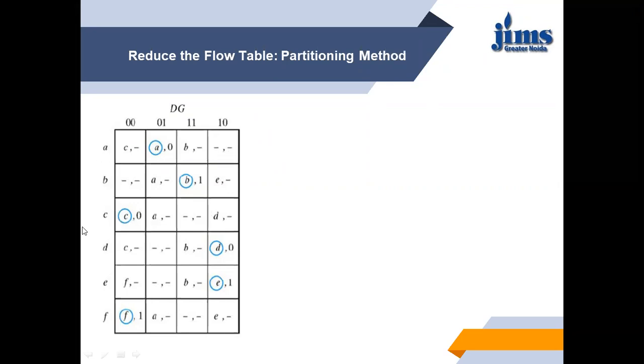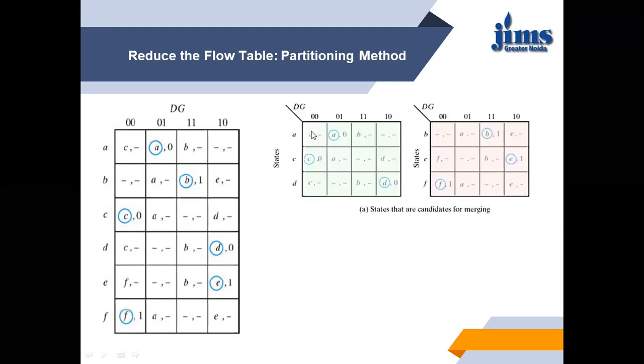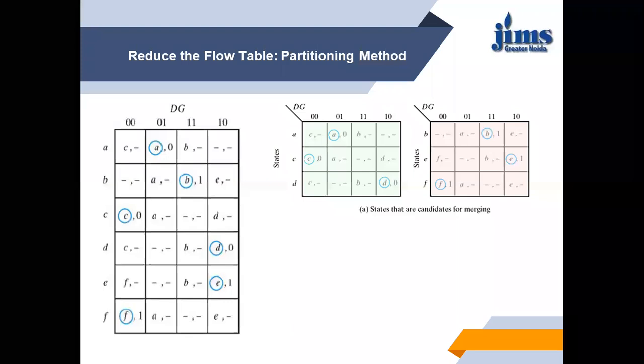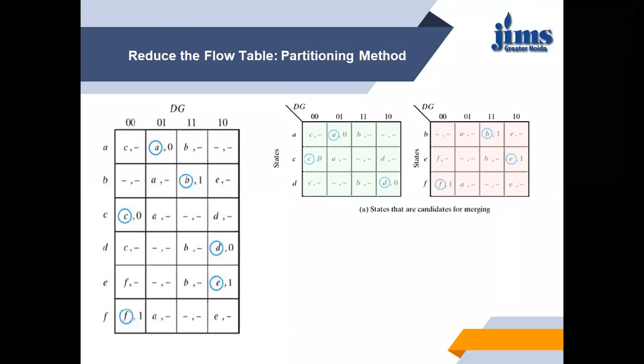When we look at A and D, we see C comma 0 in the first column, fine, A comma 0 in the second column, B comma dash, and D comma 0, because for the stable state the output 0 is the same. In this way we look for the different possibilities, and here we can see that A, C and D can be merged into one, and B, E and F can be merged into one, because there is no conflict of the stable state and the output.